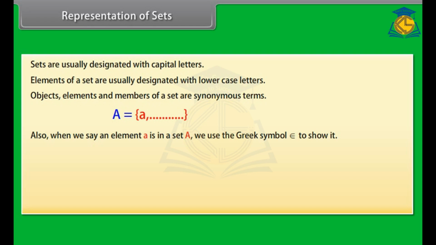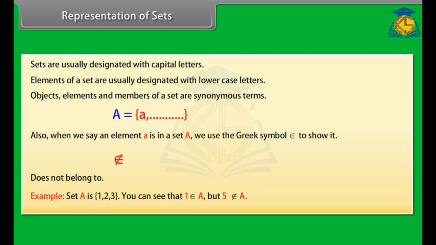Epsilon denotes the phrase belongs to, and if something is not in a set, use the symbol ∉. This means does not belong to. Example, set A is {1, 2, 3}. You can see that 1 belongs to A, but 5 does not belong to A.